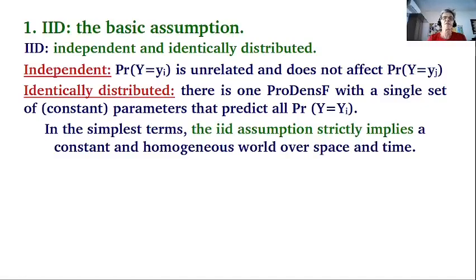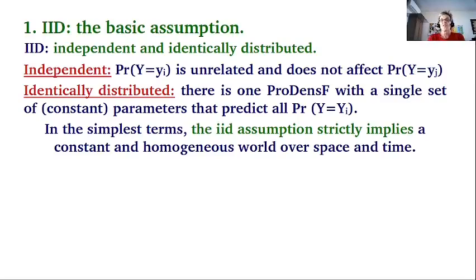So in the simplest terms, this IID assumption strictly implies that there is a constant and homogeneous world over space and time. Constant and homogeneous in the sense that there is a single set of parameters that predicts the probability of observing all possible values of the response variable.